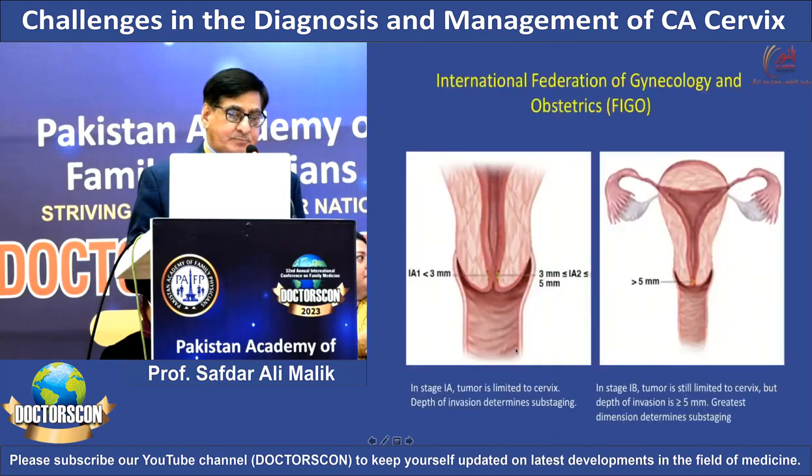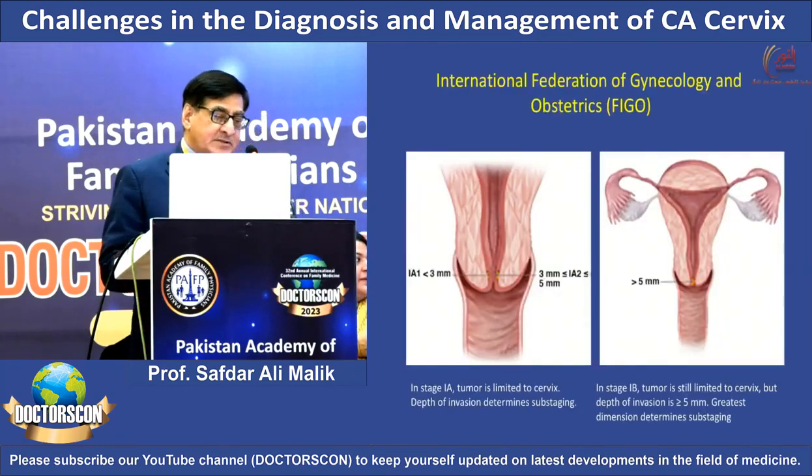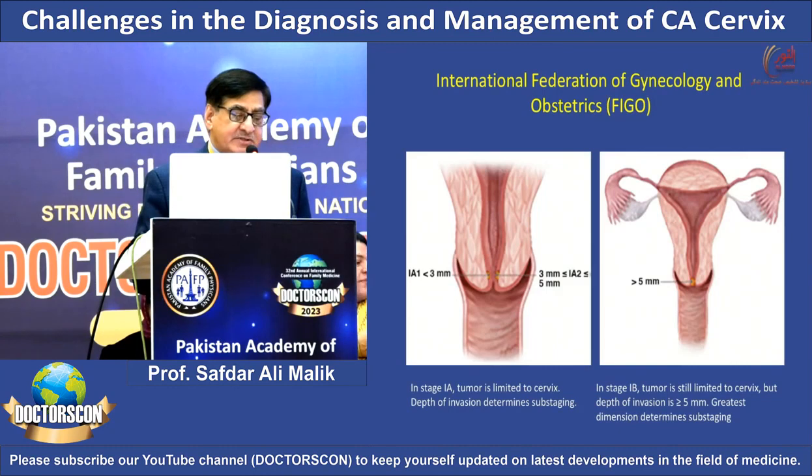We all know by the latest classification of cervical cancer, there are 4 stages, 1, 2, 3, 4. I'll just show you the image here, stage 1A. The tumor is limited to the cervix, there you can appreciate the cervix, and depth and width determine the substaging.